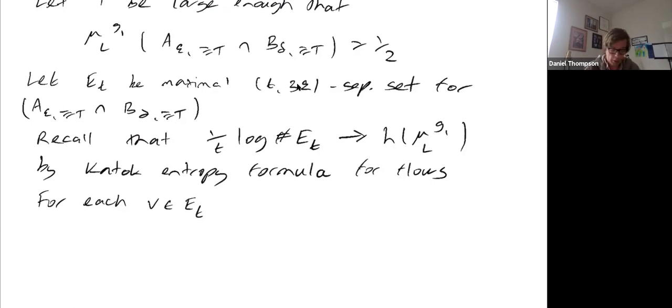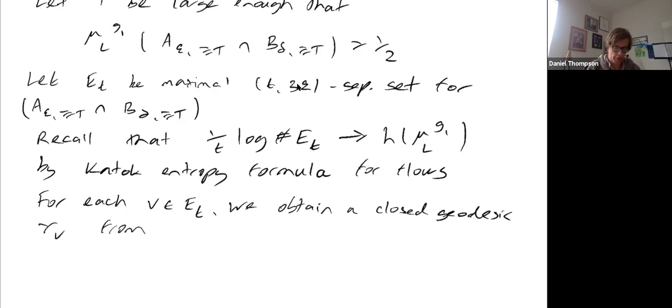So for each v belonging to E sub t, we obtain a closed geodesic gamma sub v from the Anosov closing lemma.